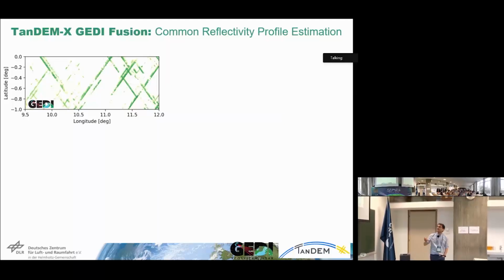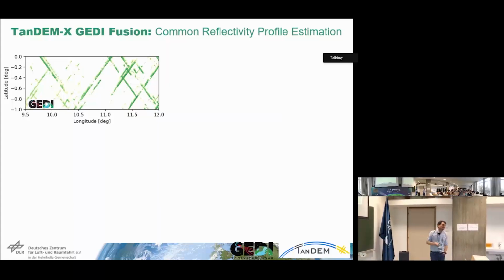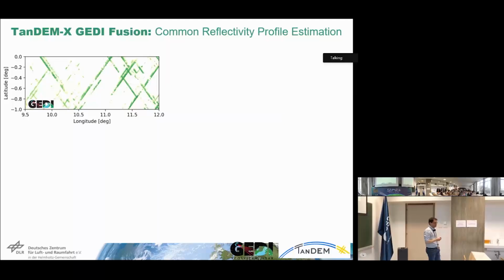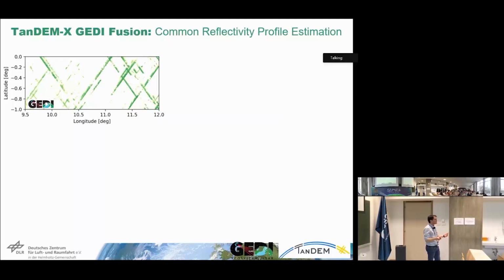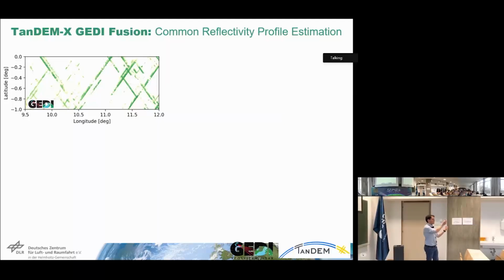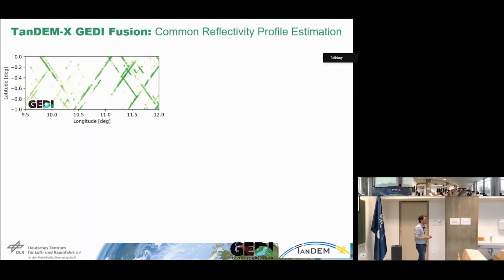You see there can be several kilometers between one footprint and the next. So this means you have somehow to parameterize now your TanDEM-X coherence, knowing that you may not have one GEDI profile for every TanDEM-X pixel.